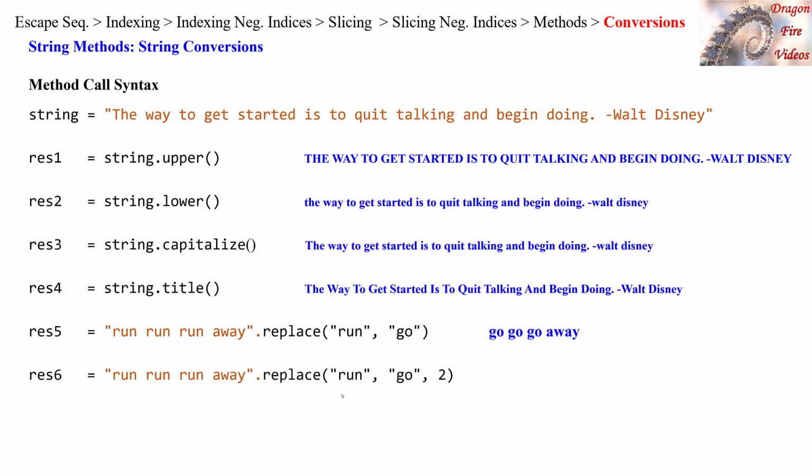Sometimes you want to replace only the first n of them. So here in our signature, if we have n to be 2, it will replace the first 2, or at most 2, or up to 2 occurrences of the string run with the string go. So run, run, run away, when we call this function replace with these parameters, would return the string go, go, run away. The third occurrence of run will not be replaced with the string go.